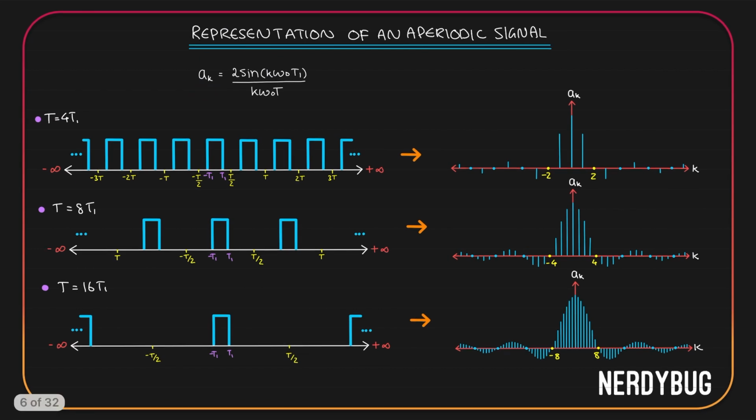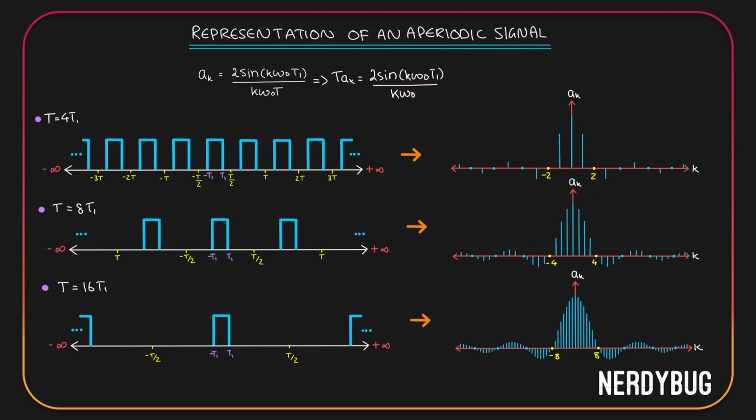We have a_k is equal to 2 sine k omega naught T1 divided by k omega naught T. Let us bring the T in the denominator to the left hand side. Then this becomes T a_k is equal to 2 sine k omega naught T1 divided by k omega naught.